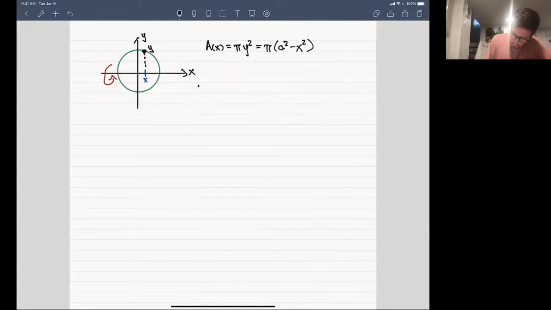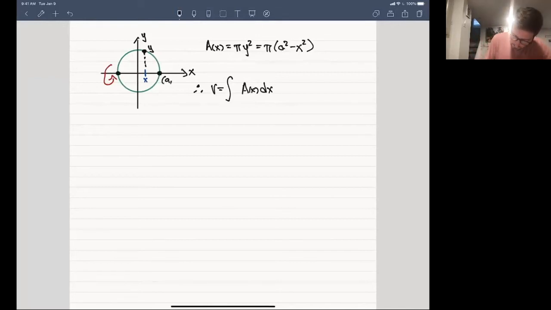And so therefore, the volume is going to be given by, we'll talk about the bounds in a moment, A of x dx. So the question is, what are the bounds? We are running from here to here on this circle. In this case, y is equal to 0. You can use that expression x squared plus y squared is equal to a squared to find out what these left and right extremities are.